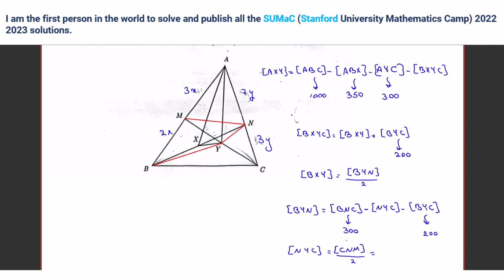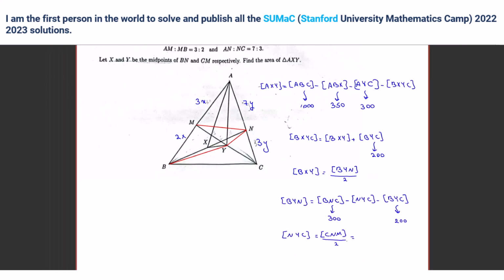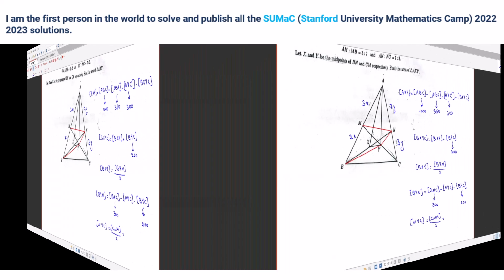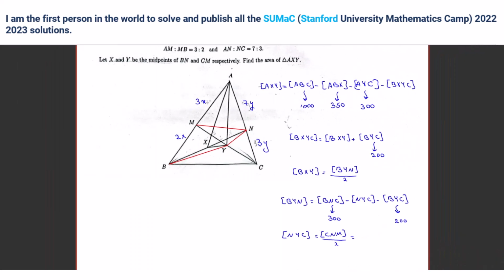No, pay attention. CBN, CNM. Ten times 180. 180. This is 300 divided by 10, 30 times 3 is 90.